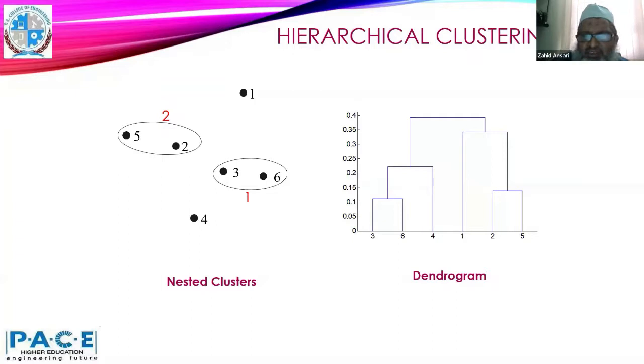So just ignore the dendrogram. Oh, no, it's correct. 2 and 5 we are combining over here.